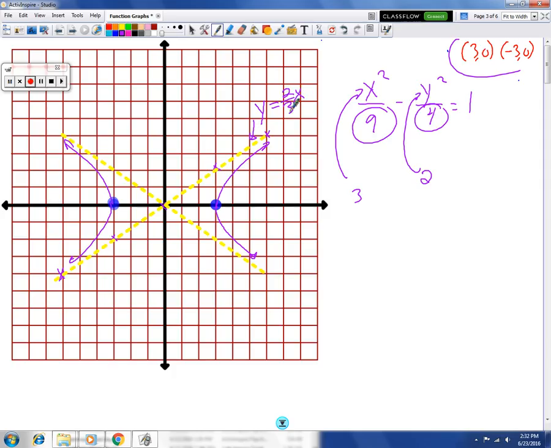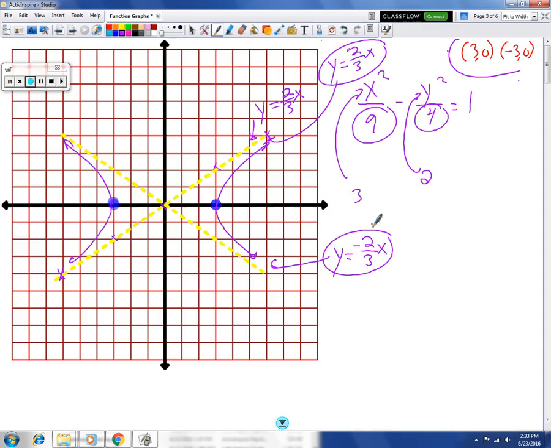So I'll put x behind there, and it goes through the origin, so it has a y-intercept of 0. So this yellow line has an equation of y = 2/3 x. The other one would be very similar, except the slope is -2/3, and it also goes through the origin. So sometimes you're asked to find the equation of those asymptotes.